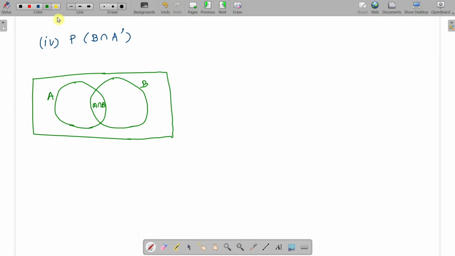Now if we look at B set, then it is this, the whole B set, right? And then if we look at A complement, A complement is outside A, so this part.